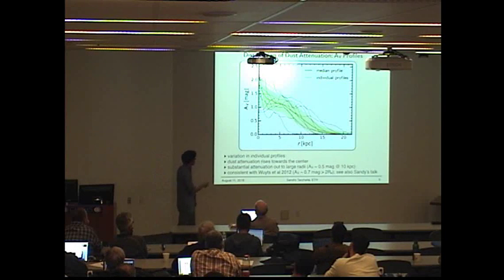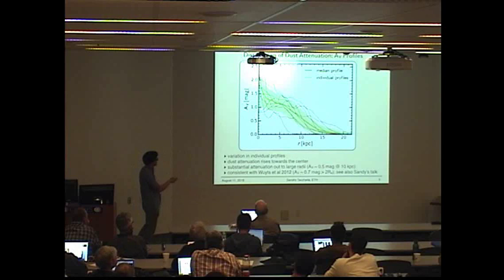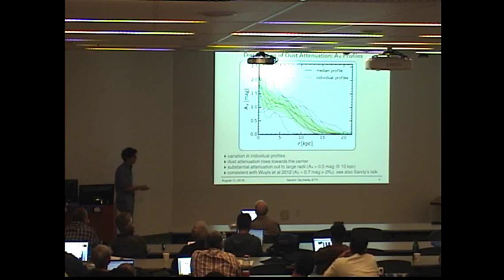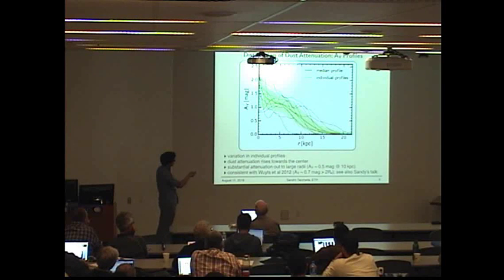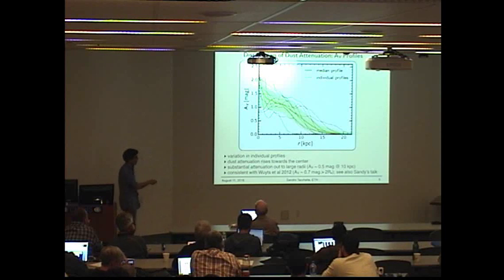And another second effect, if you look at the average profiles now, you can see that, as expected, they're really increasing towards the center, consistent with previous studies, for example, by Wuyts, where they did a resolved SED analysis, and they were mentioning already that they measured a dust attenuation in the visual of about 0.7 magnitudes outside of 2 effective radii. And this is really a key feature, actually. What we see is not just the centers that have a lot of dust, but when you go to the outskirts, we measure a substantial dust attenuation also out to 10 kiloparsec of up to about 0.5 magnitudes.